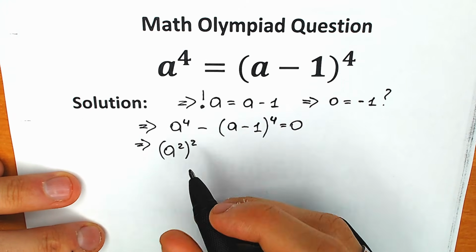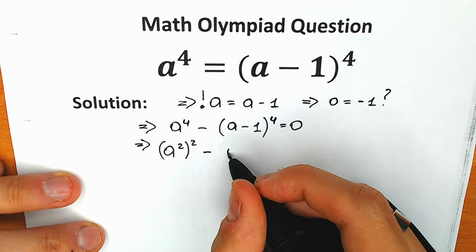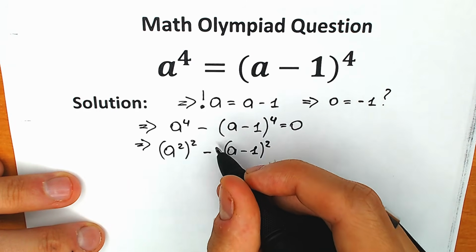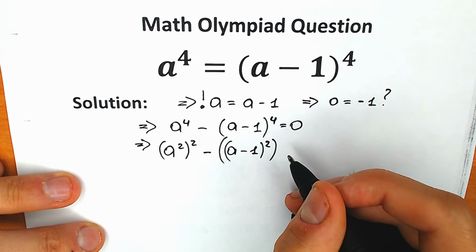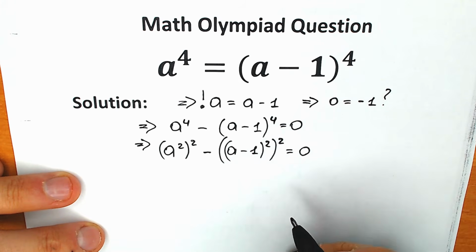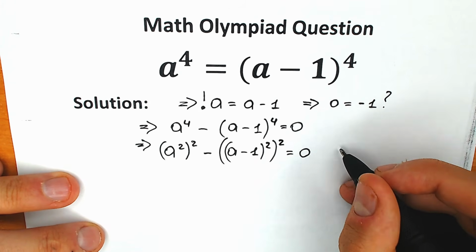We can easily do this, okay? And the same thing I want to do with this expression. So (a minus 1) not to the power 4, but let's raise to the power 2, and let's raise once more to the power 2, equal to 0.